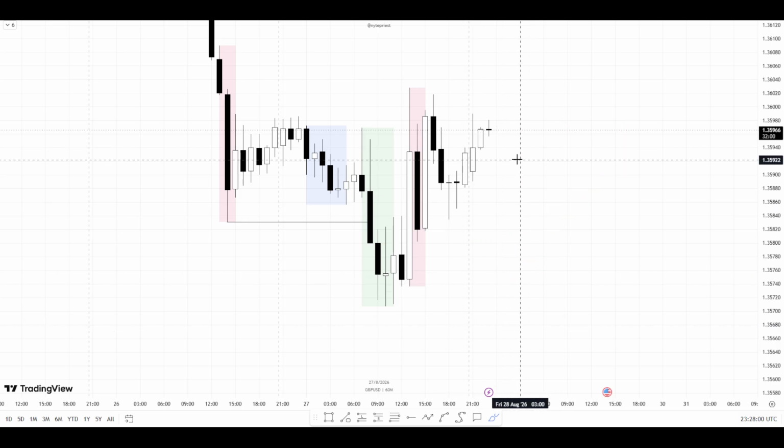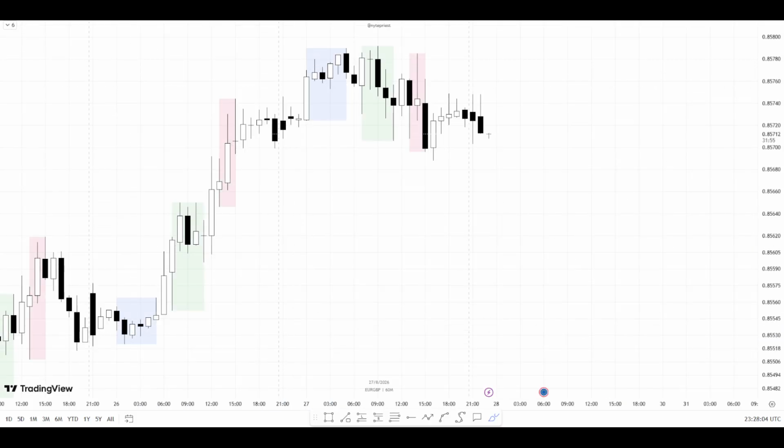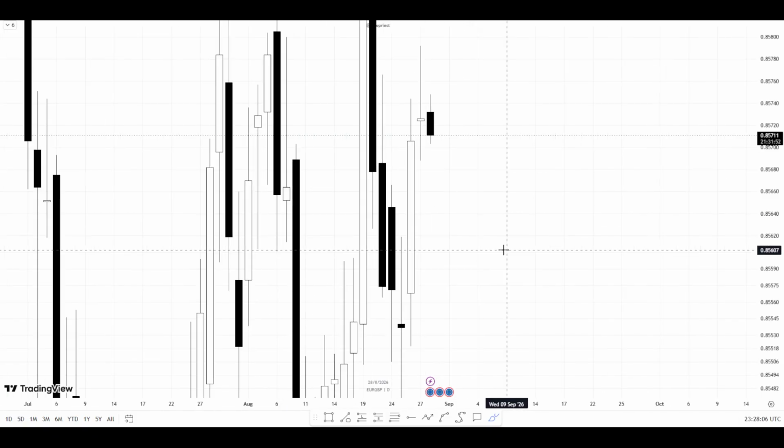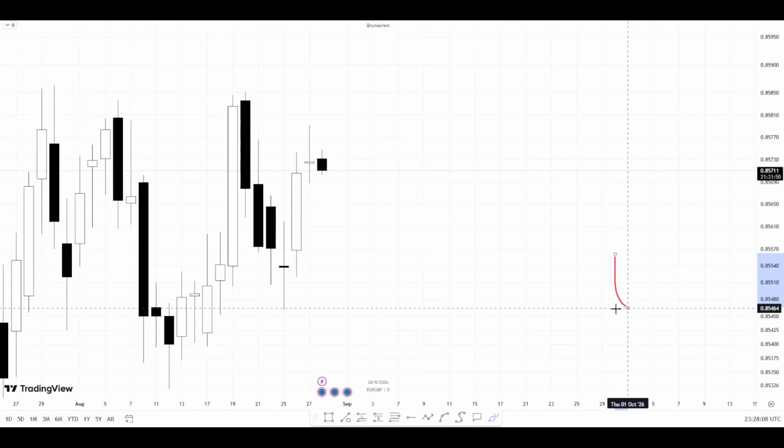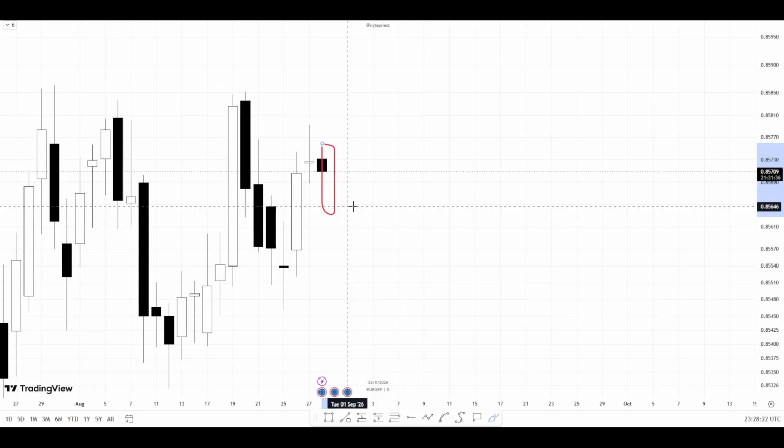So when you go down to the Euro GBP to then know a strength switch here, you can see that we have this close here to the downside. Okay, so indicating that the next candlestick will be a daily C3 continuation to the downside.